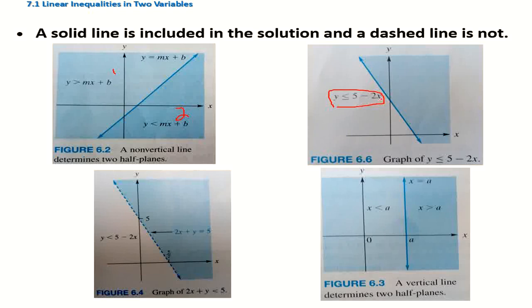When you take x equal to 0, the y-intercept is 5. When you take y equal to 0, the x-intercept is 5 over 2. Join them by a straight line. Since y is less than or equal to this value, we don't want the area above, so we cross it out. We are looking for this area, so this is the solution space of this inequality.